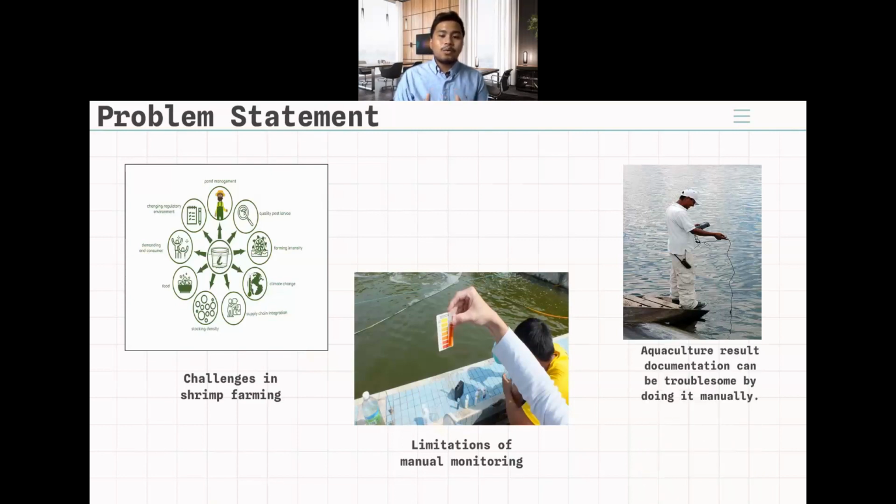The third point is that aquaculture result documentation can be troublesome when done manually. There is a need for an affordable, reliable, and user-friendly automated system that can continuously monitor and provide real-time updates on crucial water parameters for shrimp farming. An automated system will address the limitations of manual monitoring and provide accurate, timely information and optimize water quality conditions.